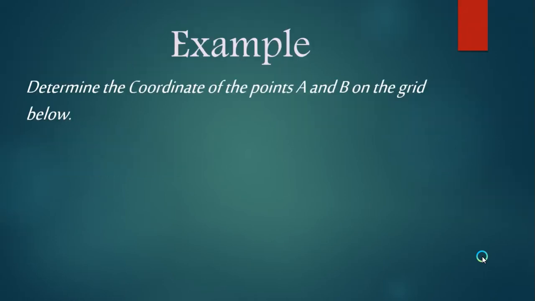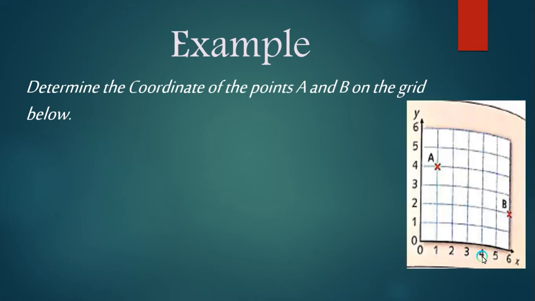For example, determine the coordinates of the points A and B on the grid below. Here I have this grid divided into axes. This is the horizontal x-axis and the vertical y-axis, and this is the point A and this is the point B. I need to find the coordinates.